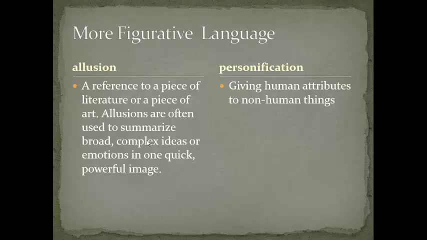You'd make a little nod to an image or a phrase that happens in Shakespeare, or you could allude to something in the Bible, or you could allude to something in some work that most people know. Personification, this is when you give human attributes to non-human things.